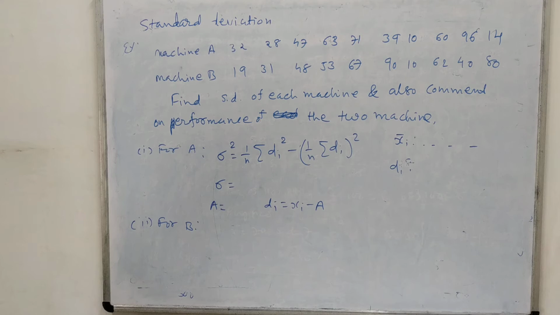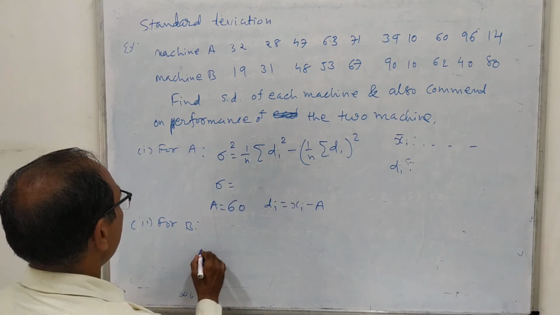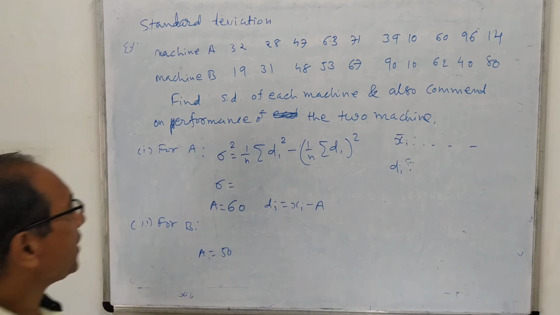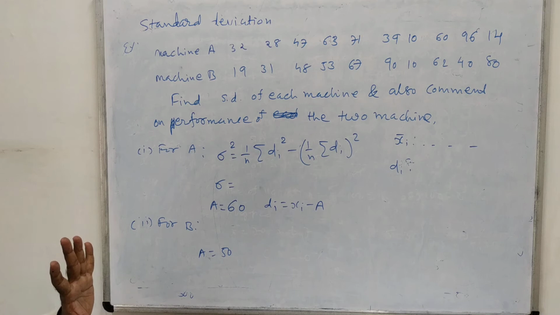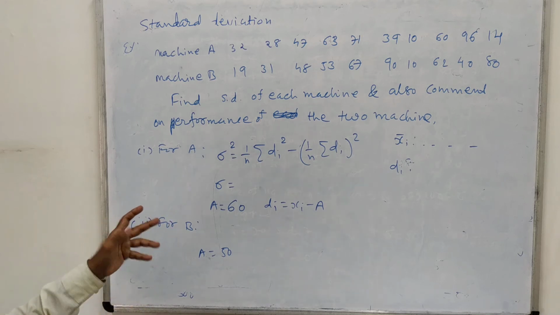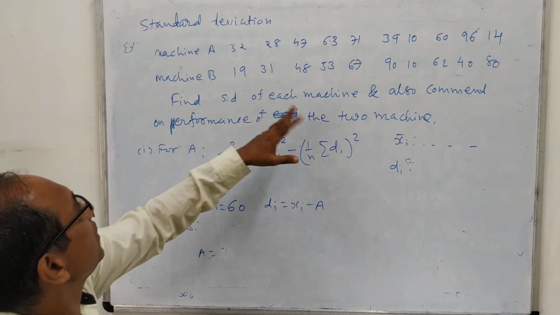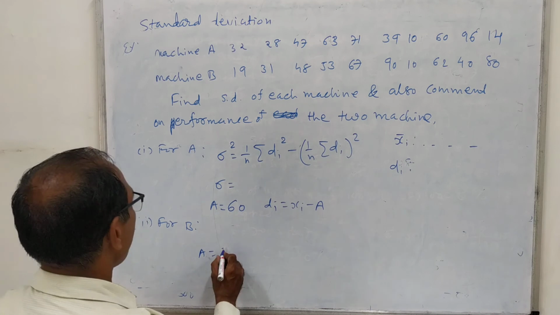Here I will prefer to assume capital A equal to 60 in this case, and in this case I will prefer to assume A equal to 50. You are free to assume any value: 60 or 50 or 53, whatever it is.